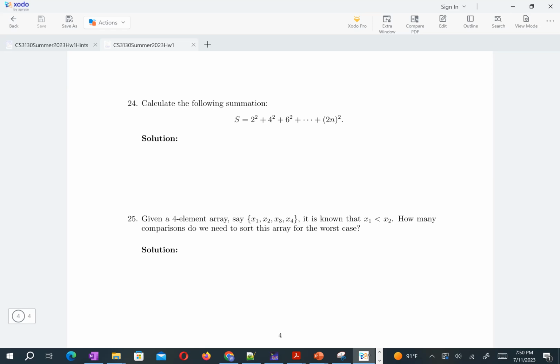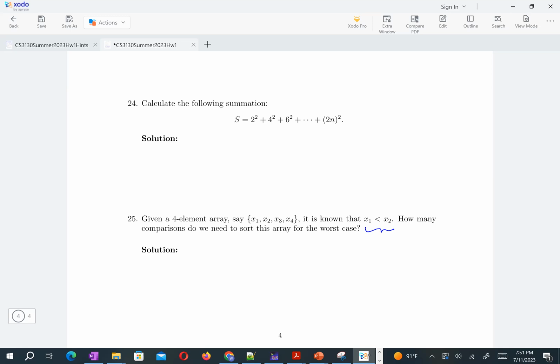Number 25: solve this array, but you already know x1 is less than x2. This information can save you 1 comparison. Remember, assume you do the first comparison on x1, x2. This is the result of your first comparison, so the first comparison is saved. Then try your best on the remaining work, although it may not be easy.